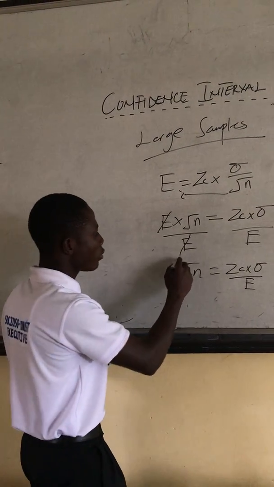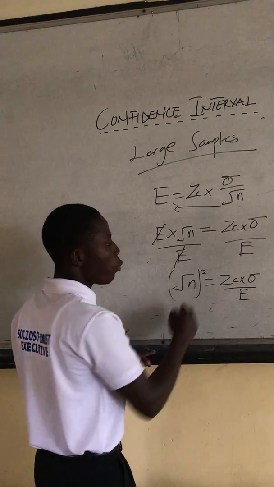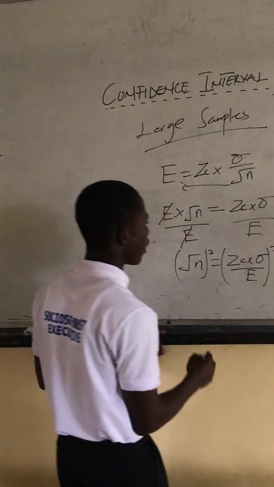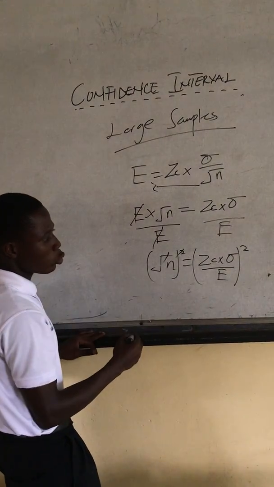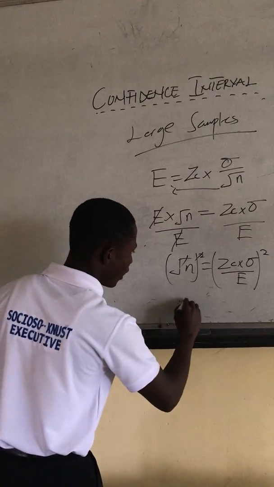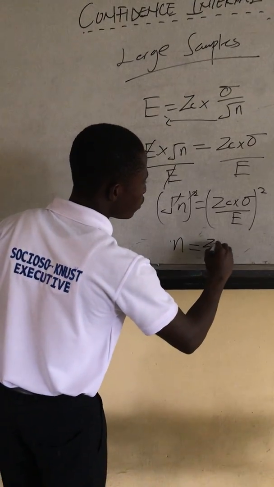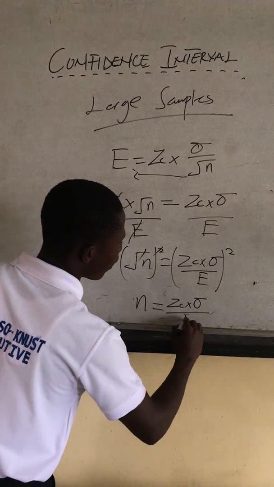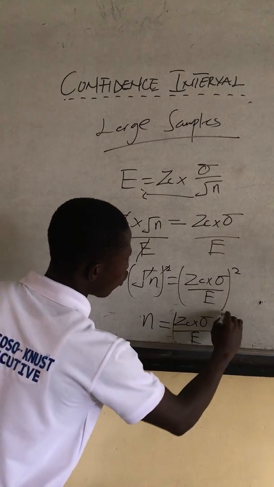To remove it, we square both sides. So in all, we have n is equal to Z confidence times standard deviation over margin of error, all squared.